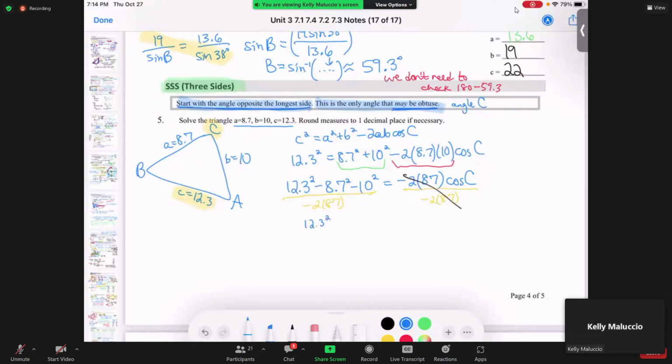So 12.3 squared minus 8.7 squared, divided by negative 2 times 87, equals cosine of C. And when I compute this, I do want to take the inverse cosine right here. If you wanted to check this number, it is between -1 and 1, so we shouldn't get an error.